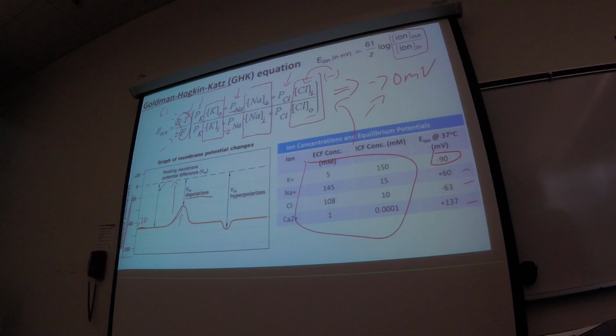That means you're not really polar. But if you're further away from 0, that means you're polar. So if you're bringing the voltage closer to 0, you're depolarizing the membrane. And if you bring the membrane potential further away from 0, you're hyperpolarizing it. You're making the cell even more polarized than it normally was.